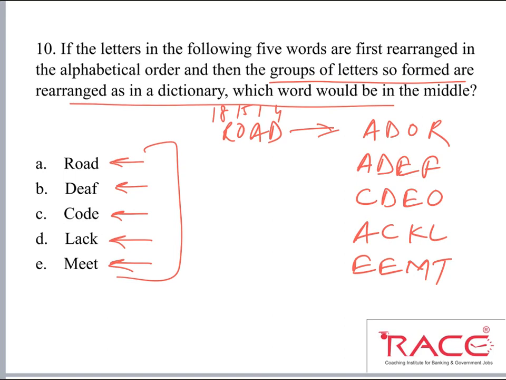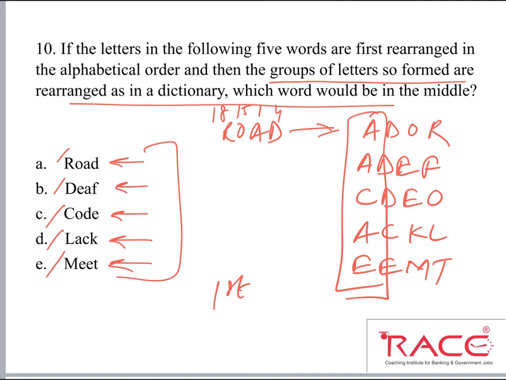Why? Because ultimately after arranging each letter in the word in alphabetical order, we have to arrange all the words in alphabetical order. So which letter of the given word decides the alphabetical order? We know, always the first. So always the first letter will decide the order. So now we have to find out the first letter in each option.